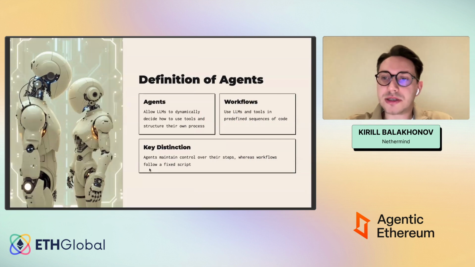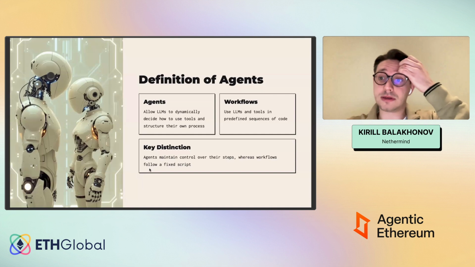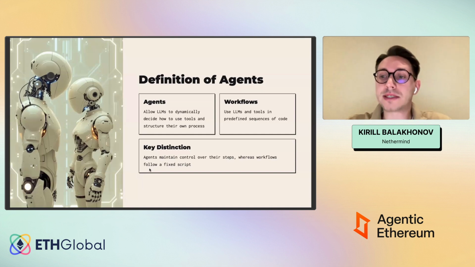Then, the definition of agents. The term agents carries various interpretations. Some view agents as fully autonomous systems, others see them as simple workflows using LLMs, not as deterministic as we are used to in programming. These things we call agentic systems, and the agents are those which make their own decisions.